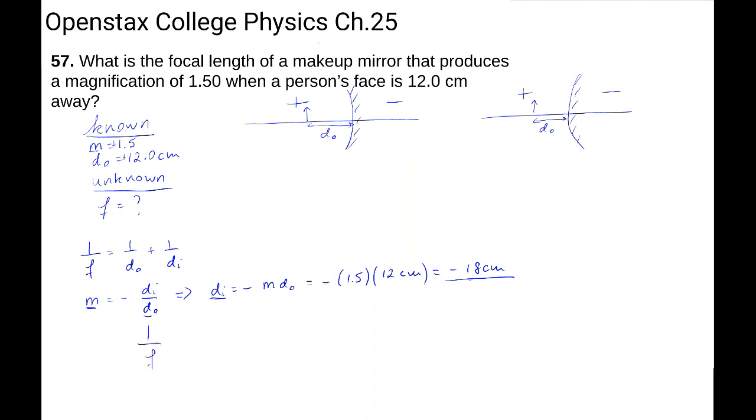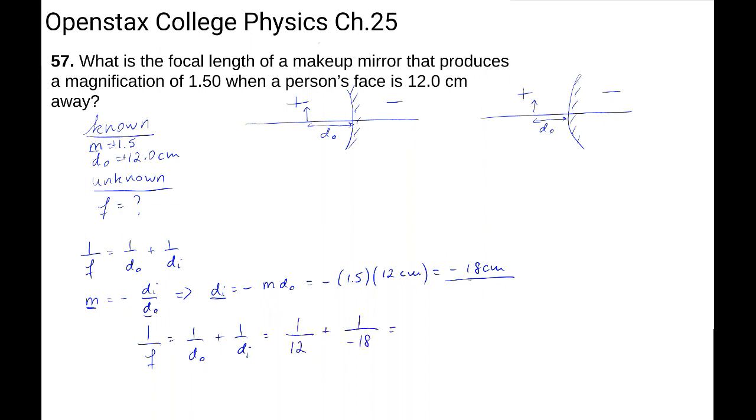All right, now let's look at the focal length. So 1 over f is 1 over DO plus 1 over DI. 1 over DO was given as 1 over 12 centimeters plus 1 over DI, which is 1 over negative 18.